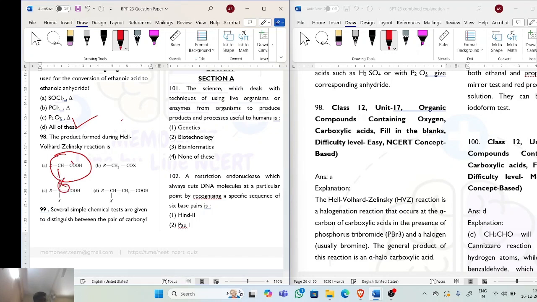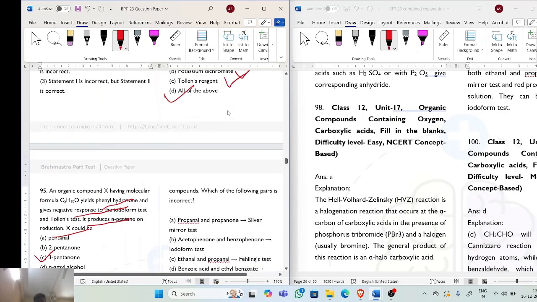So this is the only option which is satisfying. In another there is no halogen group. Here halogen group is present, but on the beta position, not on alpha position. So option number 1 is our correct answer.